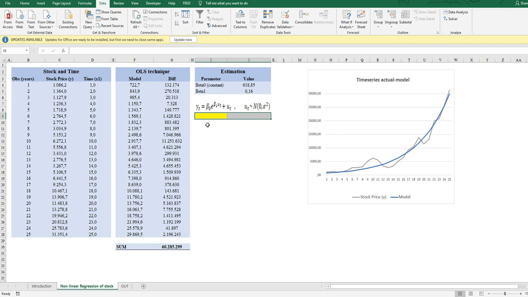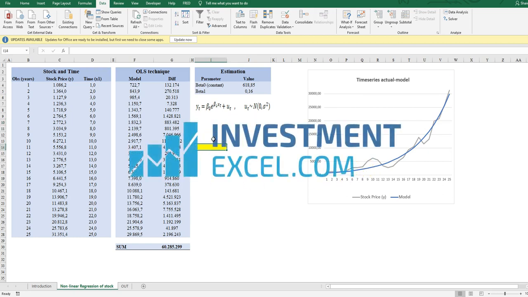It could be a square root model, it could be a polynomial model, it could be cosine, sine, it could be any model. With the OLS technique, you can do it in exactly the same way as this. The only thing one should be aware of is the statistical interpretation. But in terms of just being able to fit, the idea is exactly the same. All right. Thank you very much.